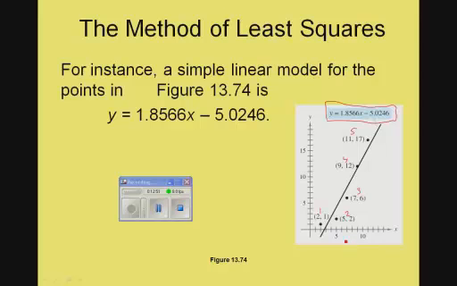Okay, but here is the line y equals 1.8566x minus whatever. What do you think? Is that a pretty good model for the data? Steve likes it. Anyone not like it? Look all right? I mean, it almost hits data point number 4. Which one looks like the worst fit here? Well, number 1 or number 2?